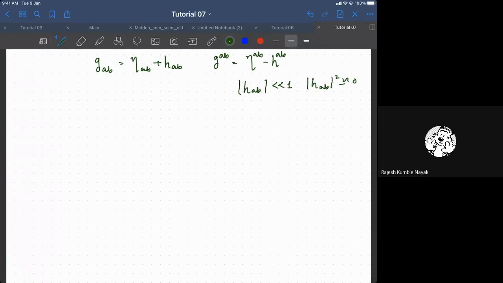Now the next step is fairly straightforward, but it is a bit of writing. We are going to compute gamma ABC. The expression we get is straightforward.